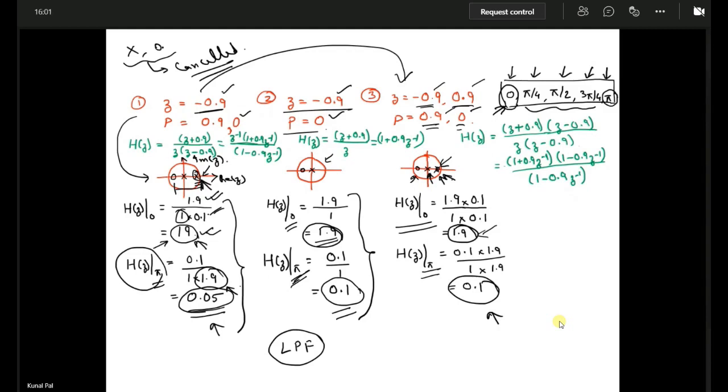So the placement of the 0 over a pole cancels the effect of the pole, and placement of a pole over a 0 cancels the effect of the 0. You need to remember this, not only in the amplitude response, but also in the phase response. And when you solve for the other three frequency components, you will find the results are the same.